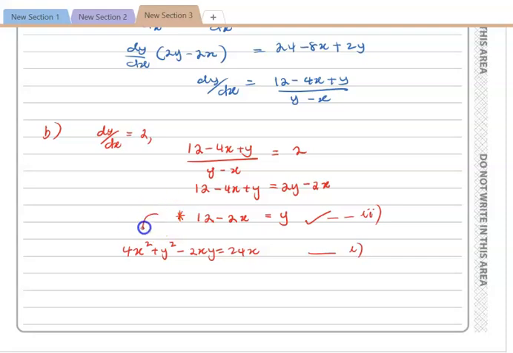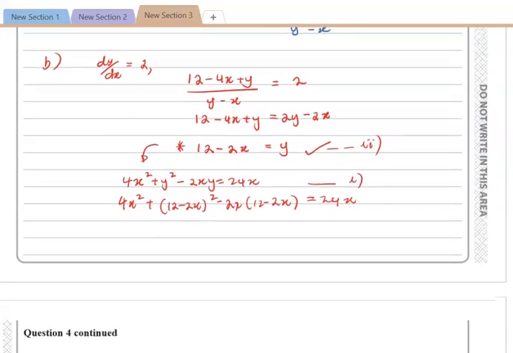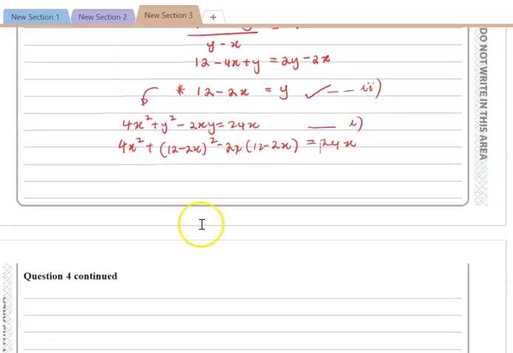So I want to substitute and solve them simultaneously. So we have x squared plus (12 minus 2x) squared minus 2x times (12 minus 2x), all of it equal to 24x. Now we can expand the brackets here.